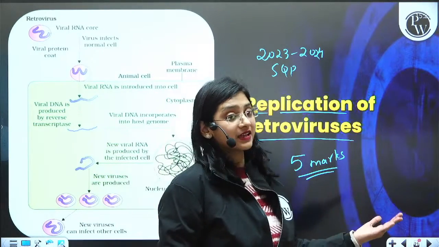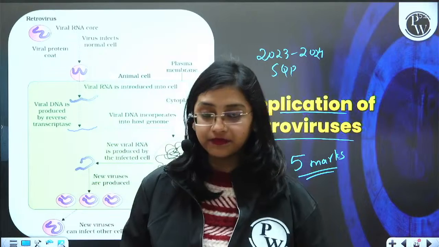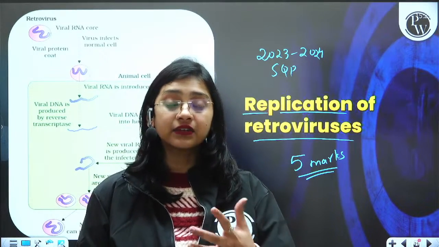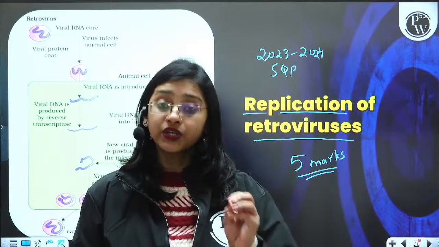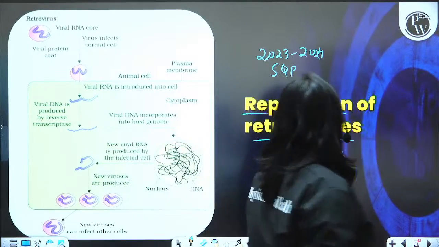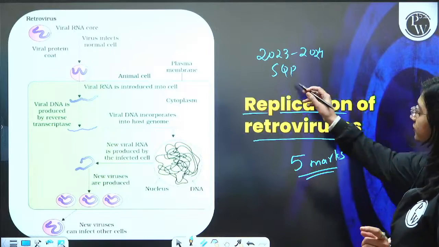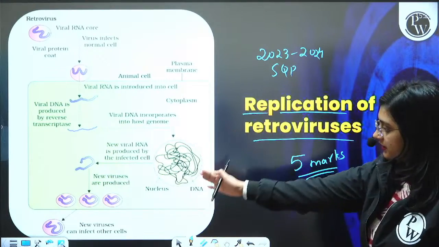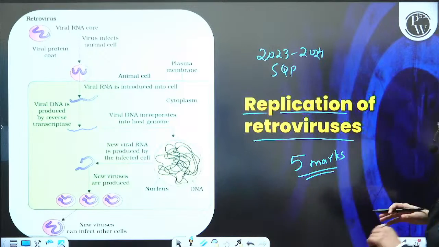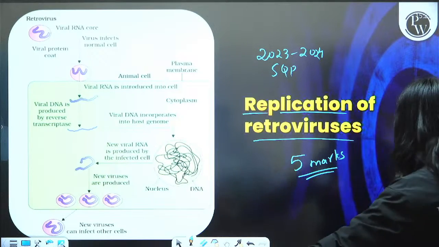And that's what I'm saying. Whatever question, if it is of more than 3 marks, and if in NCERT they have given diagrams related to that, you have to draw a diagram. Okay. Got it? Yes. So this was of the sample question paper of this year. They have asked a question related to replication of retrovirus. So this time also you can expect it for sure.